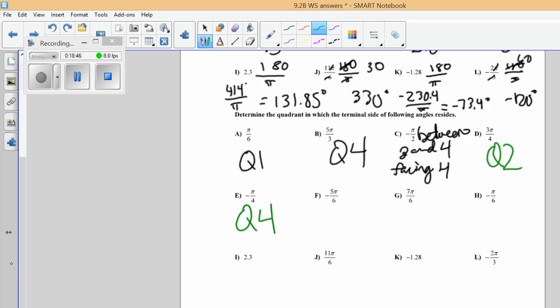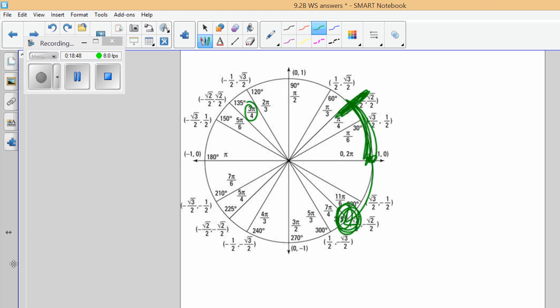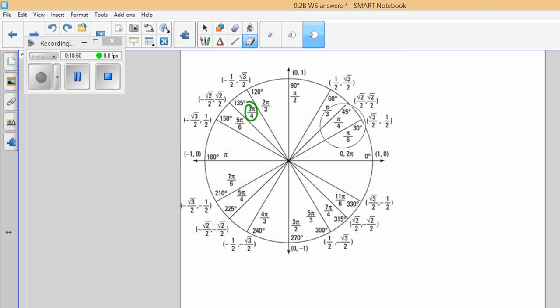Okay, 5 pi over 6. It's negative, but we need to find 5 pi over 6 so we can figure this out. I'm looking for 5 pi over 6. Here it is. 5 pi over 6 is in the second quadrant, but this is a negative 5 pi over 6.